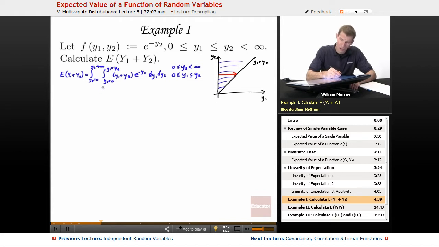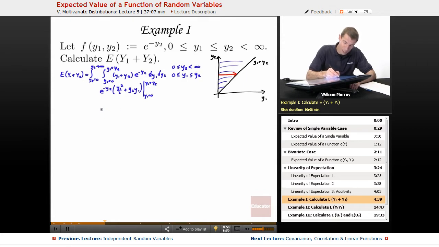So I'm going to do that first integral. Notice that in the inside integral, the variable is y1. So that means y2 is a constant, and in particular, the e to the negative y2 is a constant. So I'm going to separate out that e to the negative y2, and then the integral of y1 plus y2 with respect to y1 is y1 squared over 2 plus y2 y1. Now I have to evaluate that from y1 equals 0 to y1 equals y2.